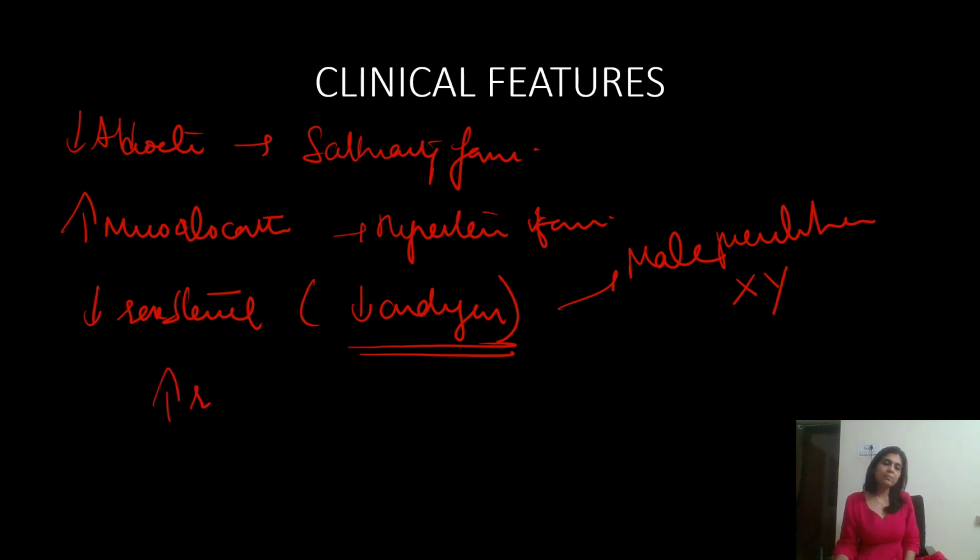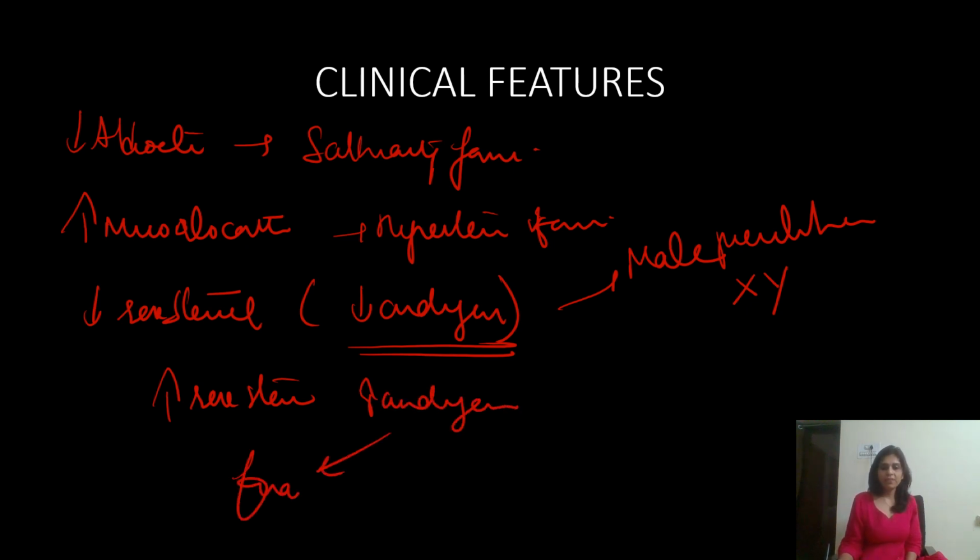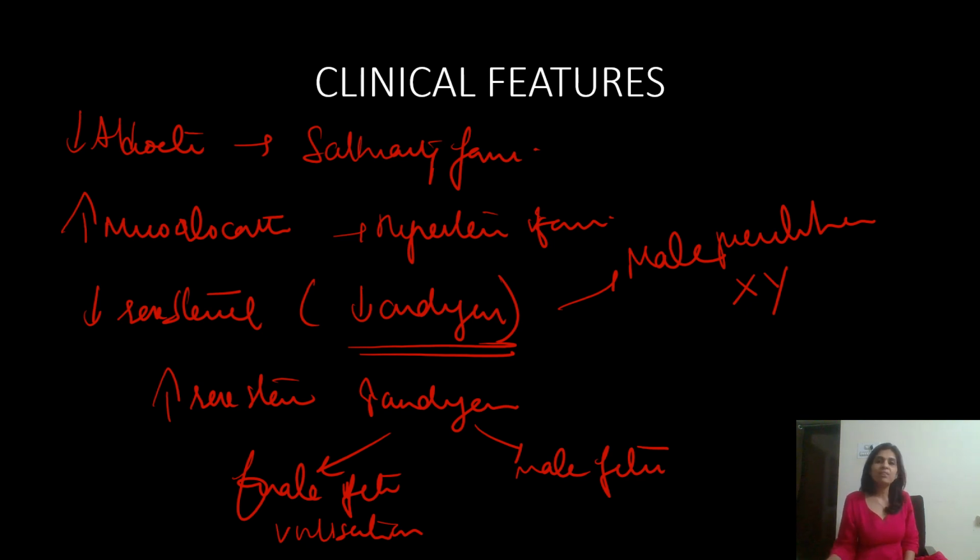And some conditions present with excess sex steroids, excess androgen. So if there is excess androgen, if it is a female fetus, it presents as virilization. If it's a male fetus, because the male fetus is getting exposed to excess androgen well in advance, it causes precocious puberty, and it is not true precocious puberty, it is pseudo precocious puberty.